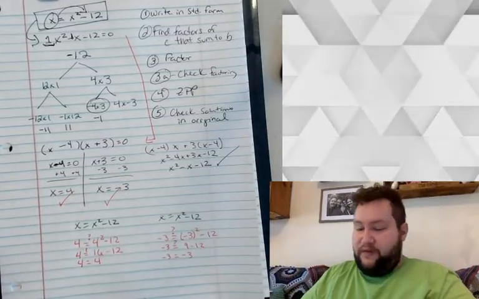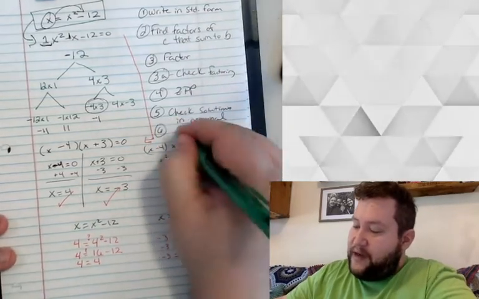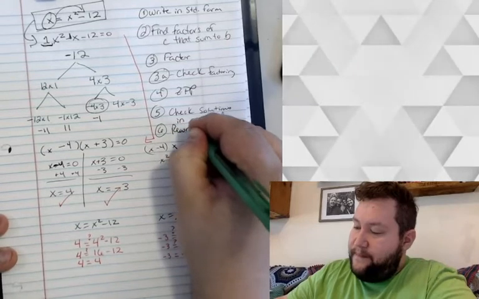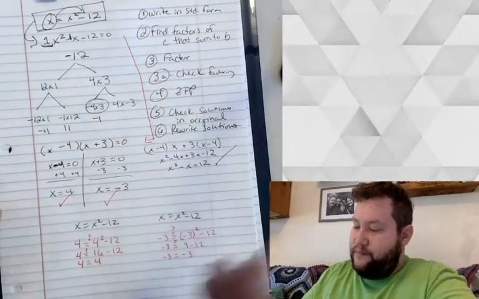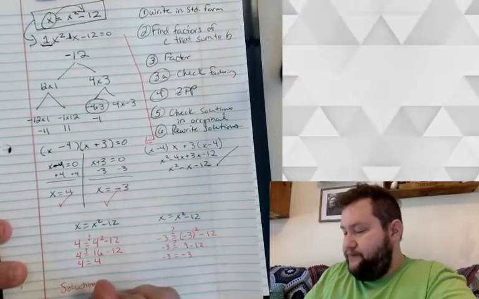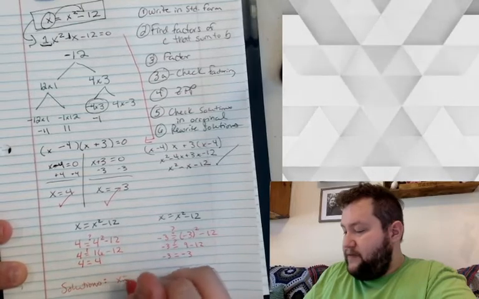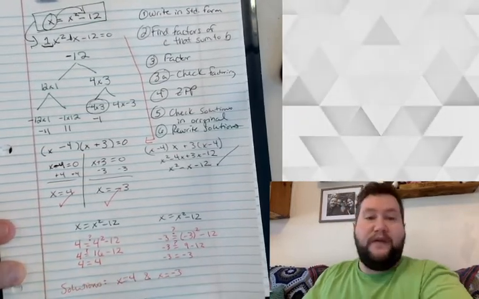So our solution is correct. And then I would say just good practice is rewrite the solution. So our solutions are x equals 4 and x equals negative 3.